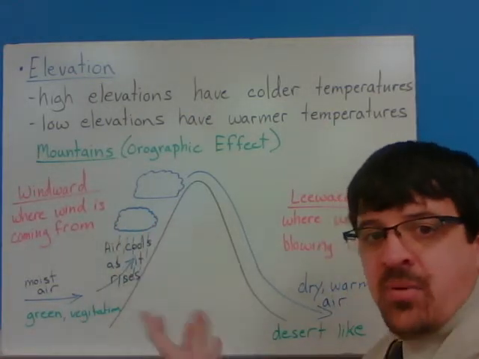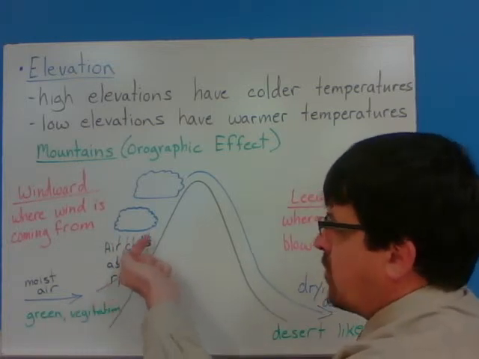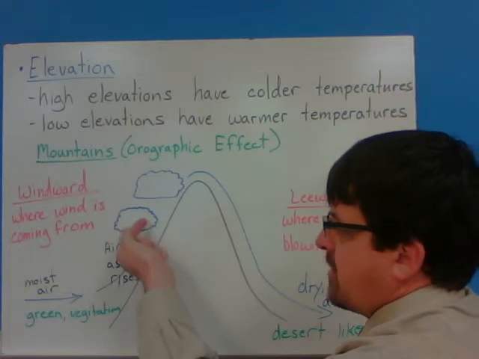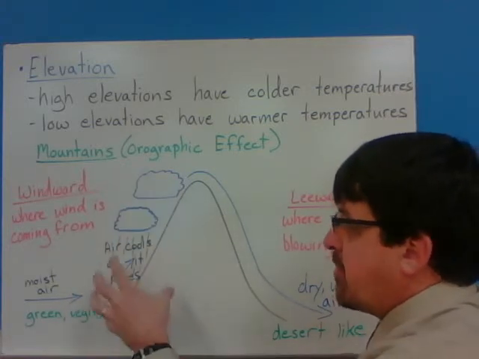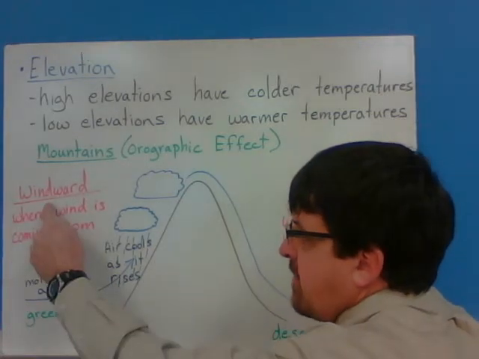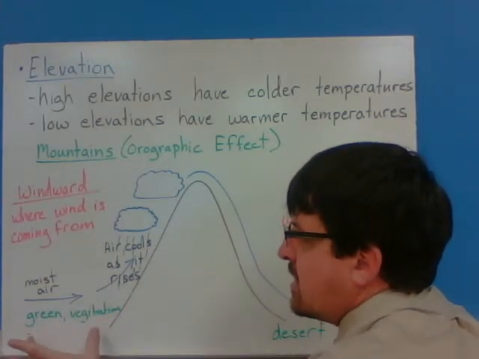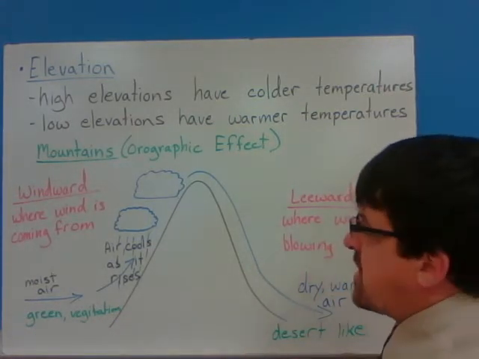Well, that's the whole process of cloud formation. As the warm air rises, it cools, it condenses, creates clouds. You get enough clouds and enough moisture pumping up in here, you're going to get precipitation. So that's why the windward side of the mountain is wet or green with vegetation.